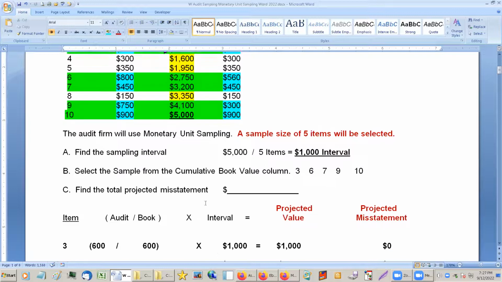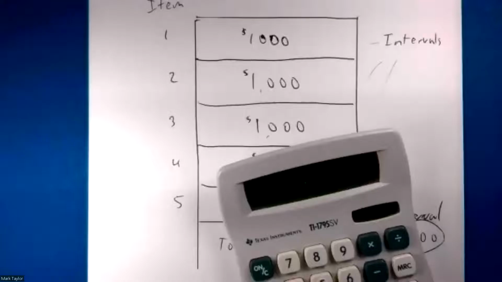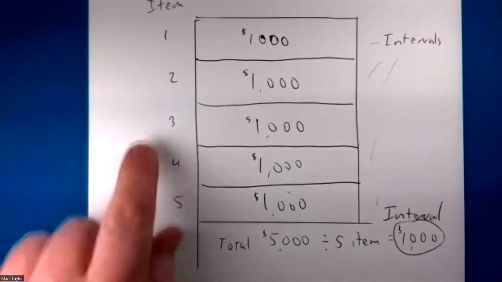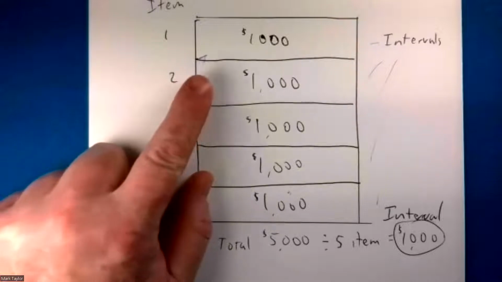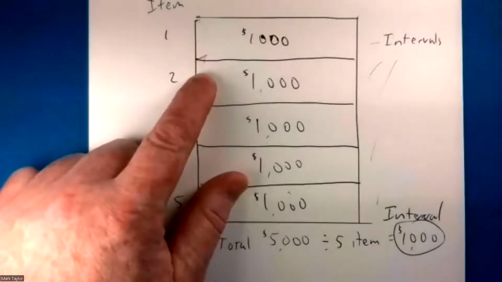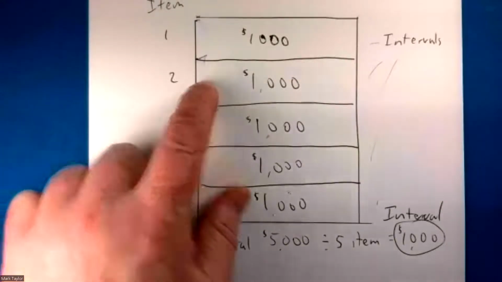Now, there is a beauty to this method when it comes to the interval. Which items are more likely to be picked? Larger items or smaller items? Which item is more likely going to go past that interval? Would a $2 one have the same chance as a $200 one?